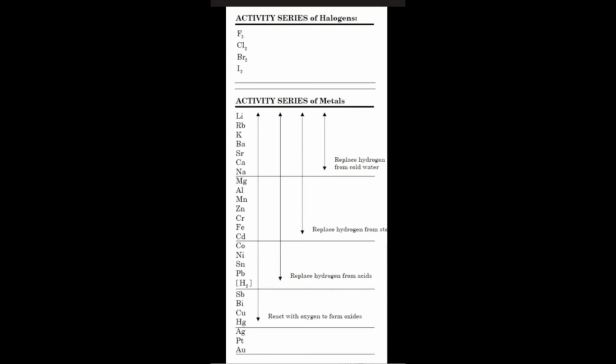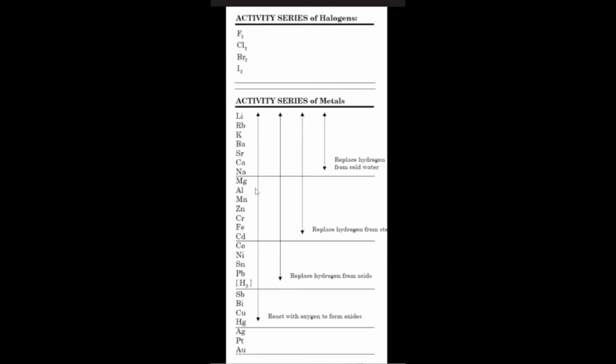So one last thing that you need to check before you finish a single replacement reaction is to make sure that the reaction actually occurs. In the example that I had, magnesium reacting with silver chloride, I assumed that magnesium would automatically go in and kick out silver, but I didn't check. Okay? So this is how you check. You're going to use what's called the activity series, and in order for an element to kick out another element, it has to be higher on the activity series.